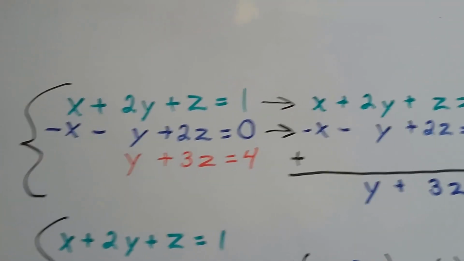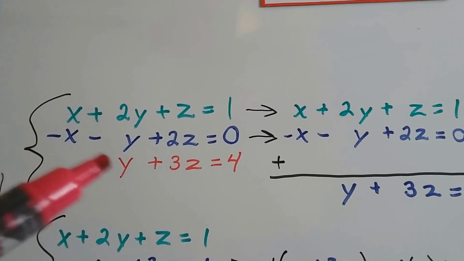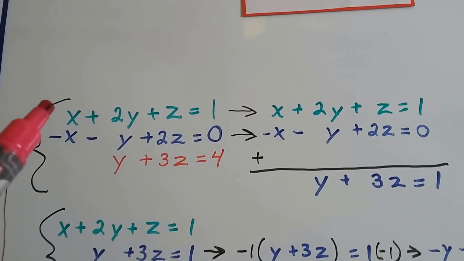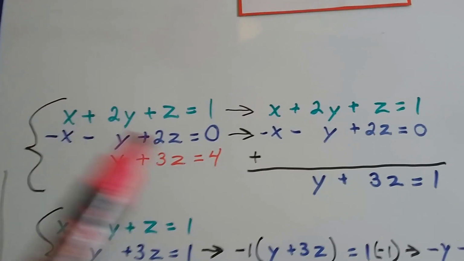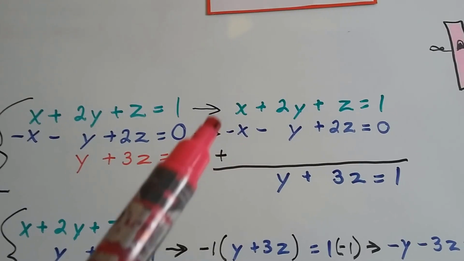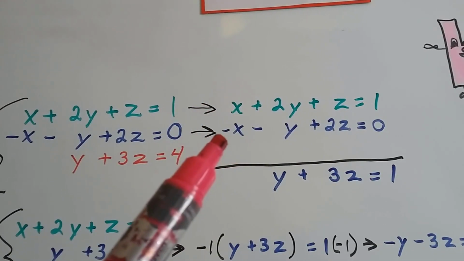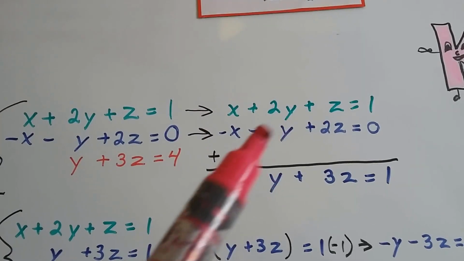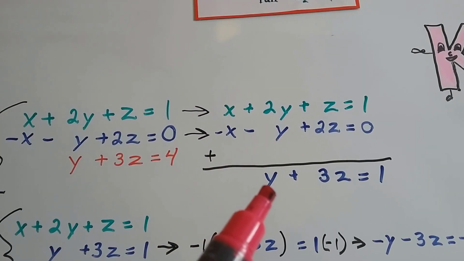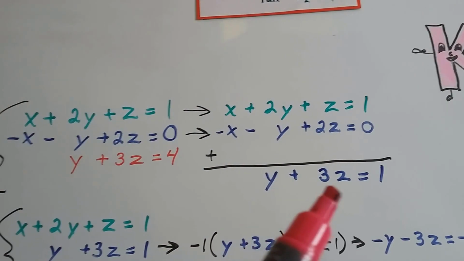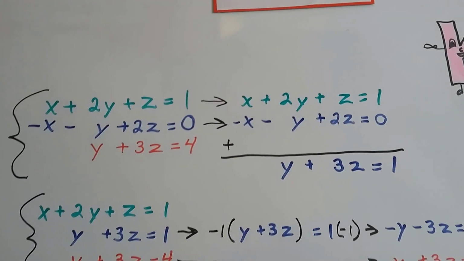Now we've got 3 equations in this system, and what we can do is, because this already has a positive x and a negative x, we could just stack them and eliminate that x because it created a zero pair. They're additive inverses. Now, a positive 2y minus y gives us just a y, and plus 3z equals 1.